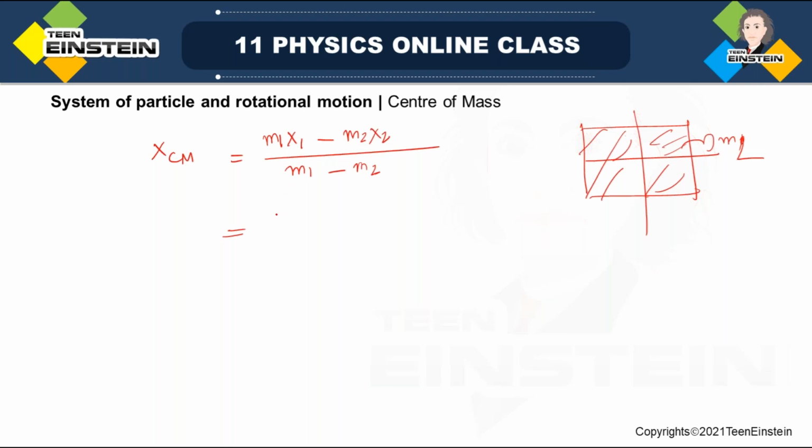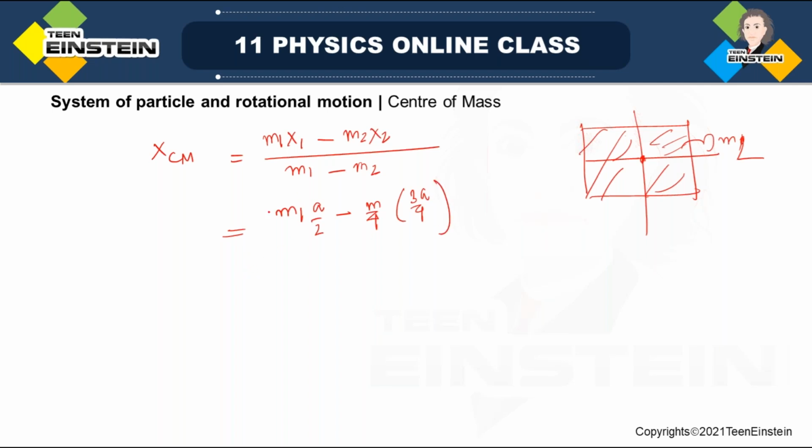What is X1? X1 for this particular portion is A by 2. M2 is M by 4, and X2 is 3a by 4.